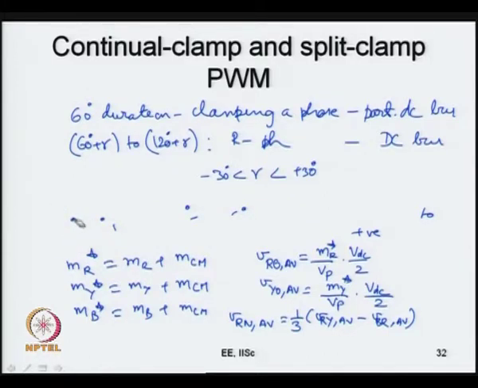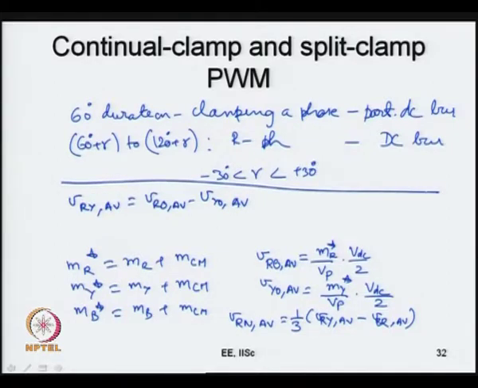Okay, now let us say, I will have my VRY average and VYB average. Let me write down the expression for VRY average here. What is VRY average? VRY average is going to be VRO average minus VYO average.